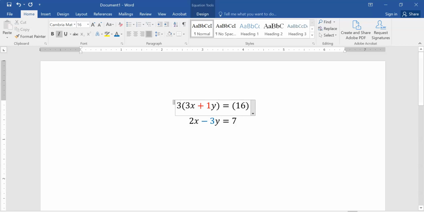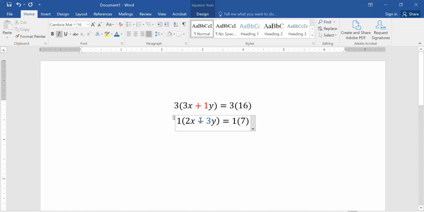I'll talk about what we're going to use in just a second, but let me just write 3 in for that one. And similarly, in the bottom equation, since the coefficient of the y of the top equation was 1, we're going to multiply the bottom equation by 1.